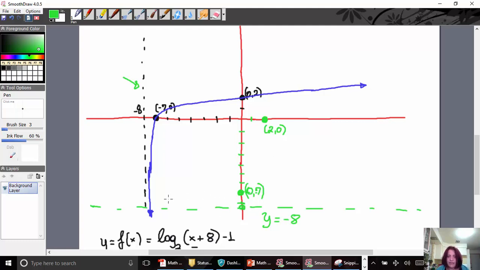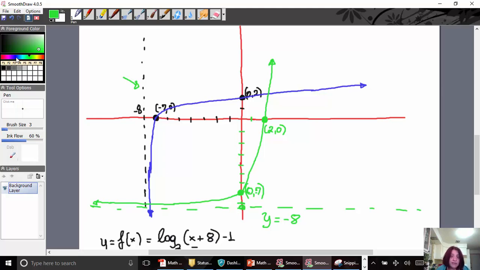Okay, so this means that my function will look like this. And it will be asymptotic to the horizontal asymptote right here, y equals negative 8.